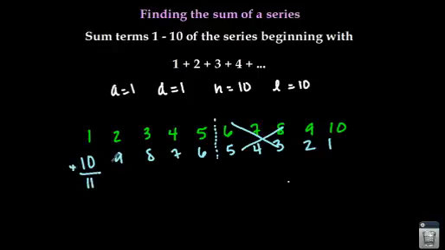It's 11. What's 2 plus 9? Also 11. Are you noticing a pattern here? These are all going to add to 11, okay? So I end up with 5 groups of 11, which means that my sum is 55, right?